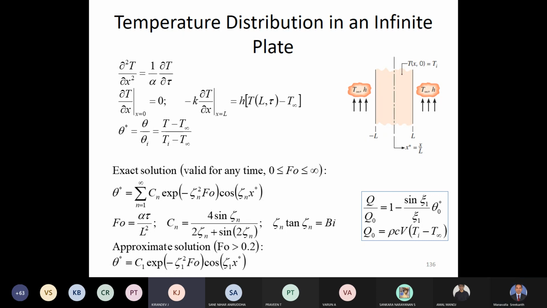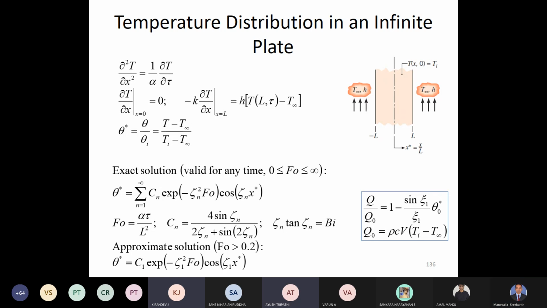Yes sir, in the heat transfer data book, Q naught is found by rho C L times Ti minus T infinity, where Ti is the initial temperature. But in this one, it is given just the length, while in this problem we used volume. If we use length, it becomes 25, so the total Q naught becomes half.